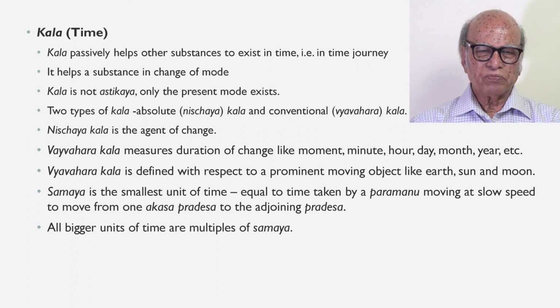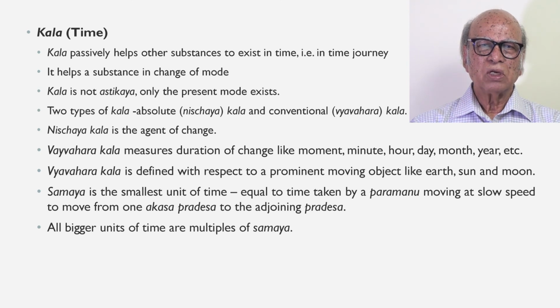All these units which are used for measurement of time are Vyavahar Kal. And what is Vyavahar Kal? It's not a substance. The Nischay Kal is a substance that is helping other substances to change their modes, but Vyavahar Kal is not a substance. It's only a device to measure duration, that's all. And therefore, it is defined with respect to the motion of other objects.